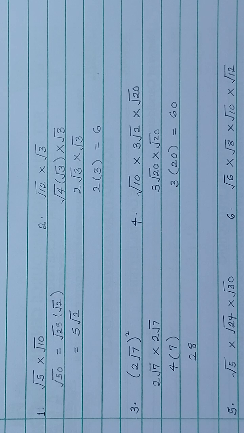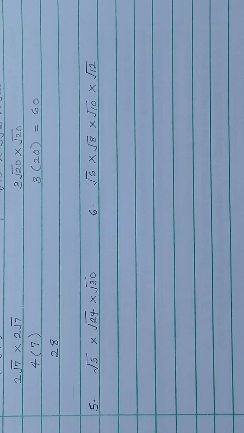Now, if you look at all that we have done, we have applied the highlighted properties of multiplication of surds. Now we move on to number 5 and 6.